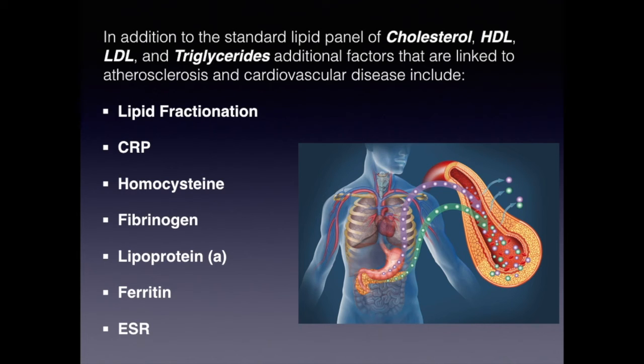So we can increase our likelihood of identifying potential disastrous cardiovascular related issues by measuring all of these biomarkers listed here. And it starts with a lipid fractionation that includes the basic lipid profile, but subfractionates LDL and HDL particles, looking for the smallest, densest forms of LDL that are the most harmful forms.